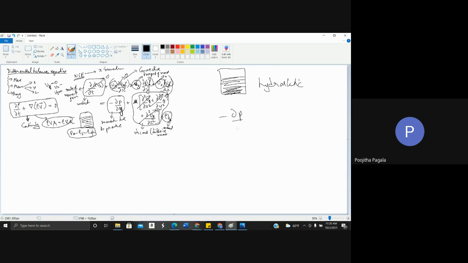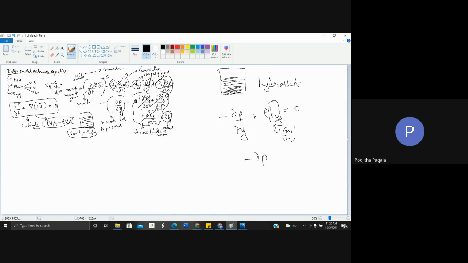minus dou p by dou y plus rho by is equal to 0. But by, in terms of gravity, is nothing but the gravitational force. By is the gravitational force per unit mass, which is mg by m. So this by term is going to be nothing but g, negative g, because it is in the downward direction.